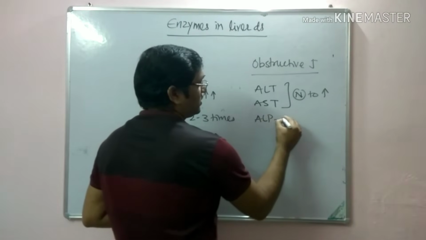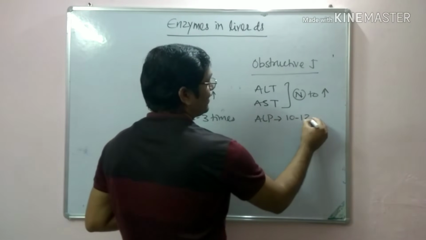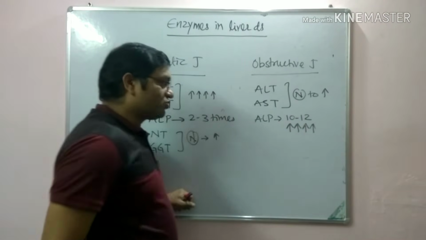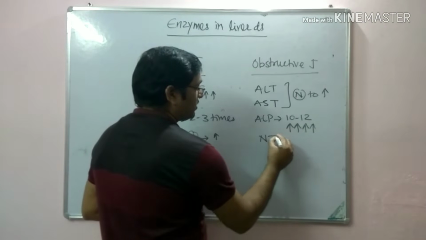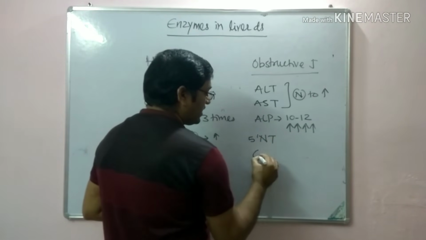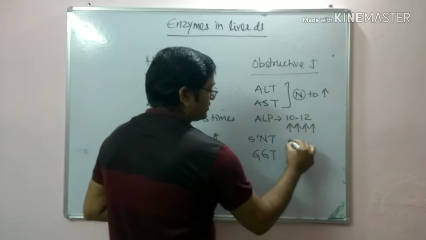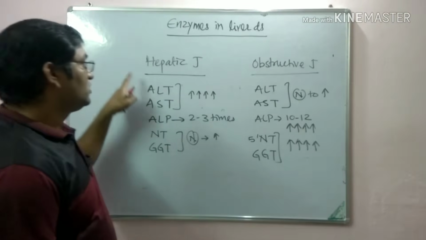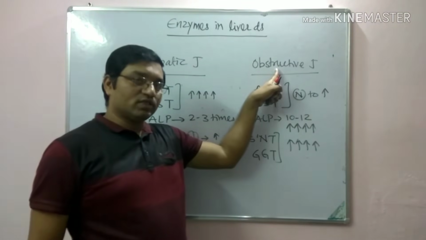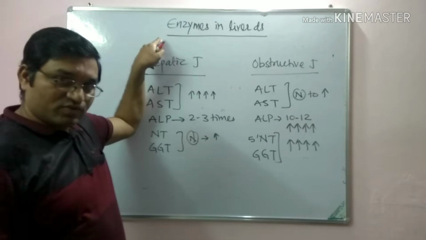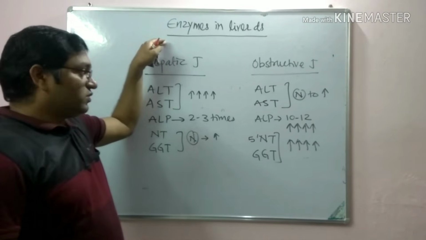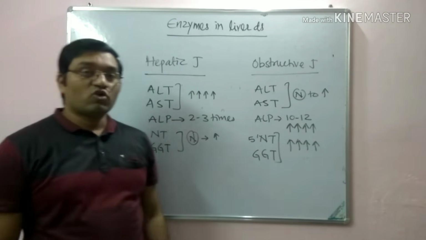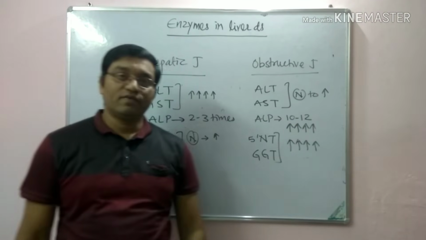Alkaline phosphatase is increased 10 to 12 times of the normal, that is a marked increase in its activity. Also there is an increase in the activity of 5' nucleotidase and gamma glutamyl transferase. So this is the basic difference between hepatic jaundice and obstructive jaundice, with reference to the enzymes. Okay. So we will discuss one case related to this topic, that is enzyme pattern in liver diseases.